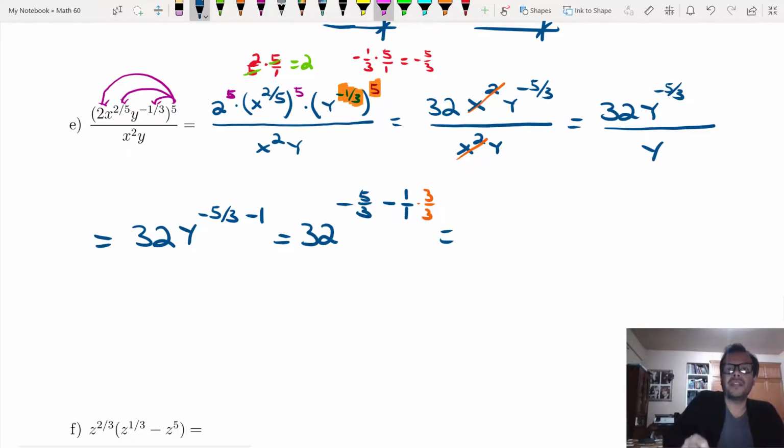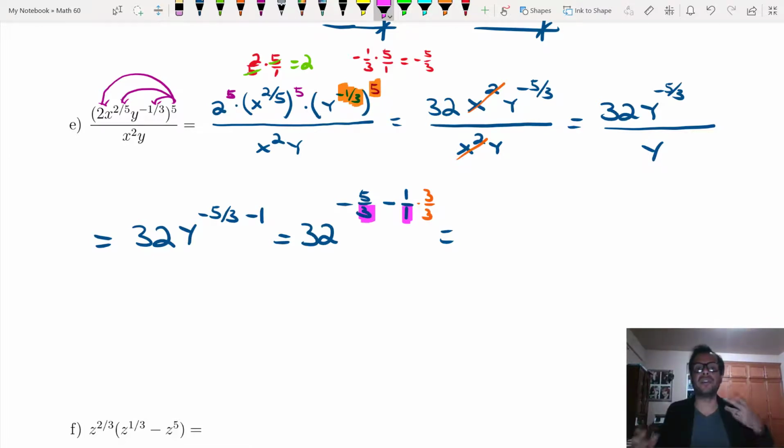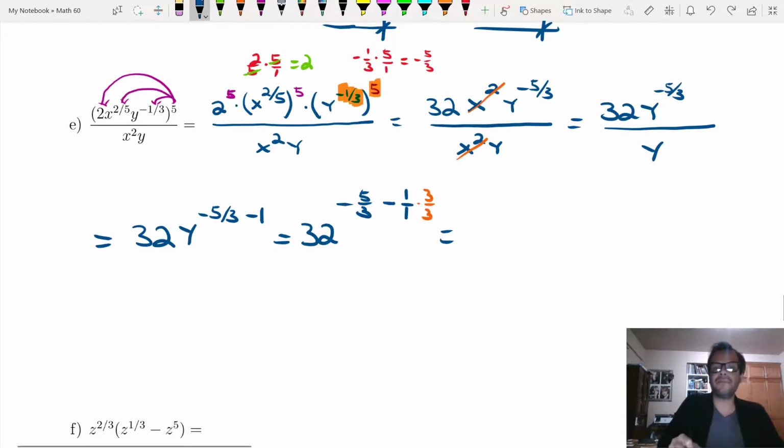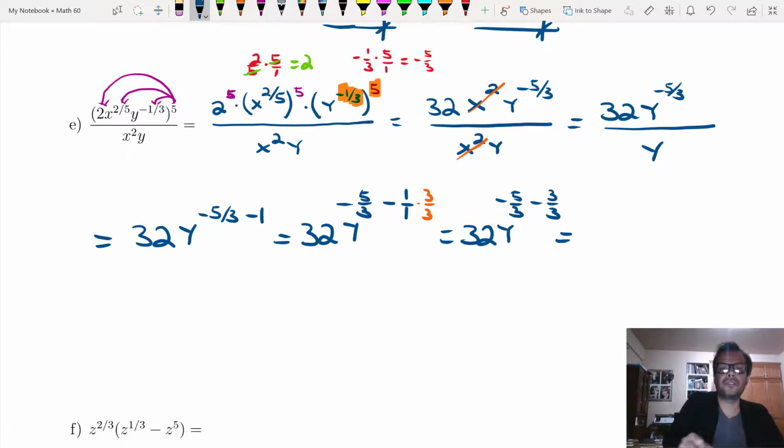Because in this case, as you notice, we don't have the same denominator. We cannot add the fractions together if we don't have the same denominators, right? So we're going to have negative 5/3 minus 3/3. Oh, I'm missing the y. Not 32. I was missing the y right here, right?